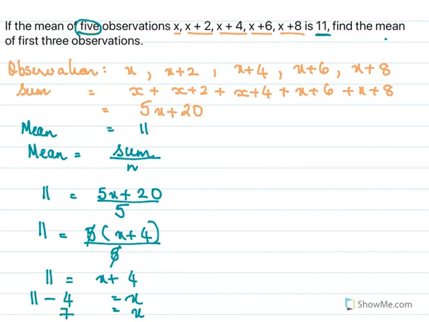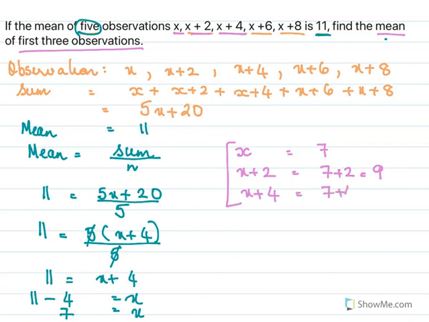In the next step, they are asking us to find the mean of the first 3 observations. So which are the first 3 observations? x, x plus 2 and x plus 4. X is 7, then this is 7 plus 2, that is 9, and 7 plus 4, which is 11.